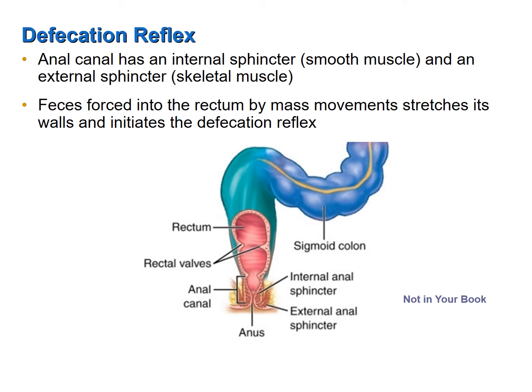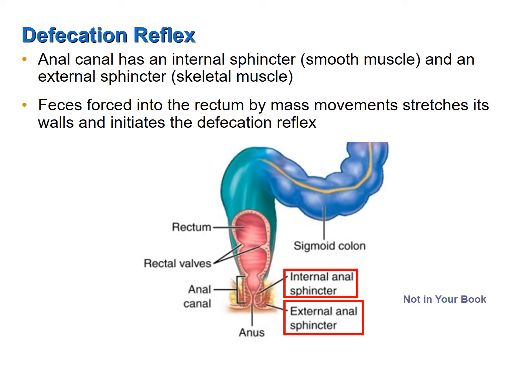The end of the anal canal has two sphincter muscles. The internal sphincter muscle is smooth muscle and is under involuntary control, and there's an external sphincter muscle composed of skeletal muscle, which of course is under voluntary control.